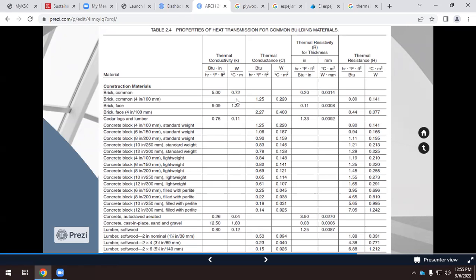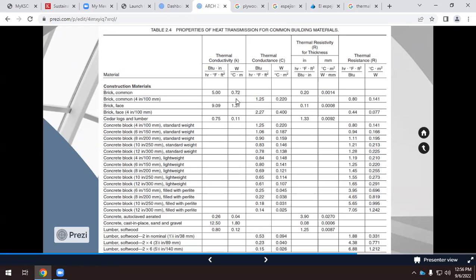Between 5 and 9 doesn't make any difference. Between 0.75 and 0.26 or 0.8, it's the order of magnitude that matters. We're talking about a point something, or 1 point something, or 10 point something. Every time we increase by one zero, then it matters. Between 7 and 8, there is no difference. But between 8 and 80, there is a huge difference. This is what you have to understand.